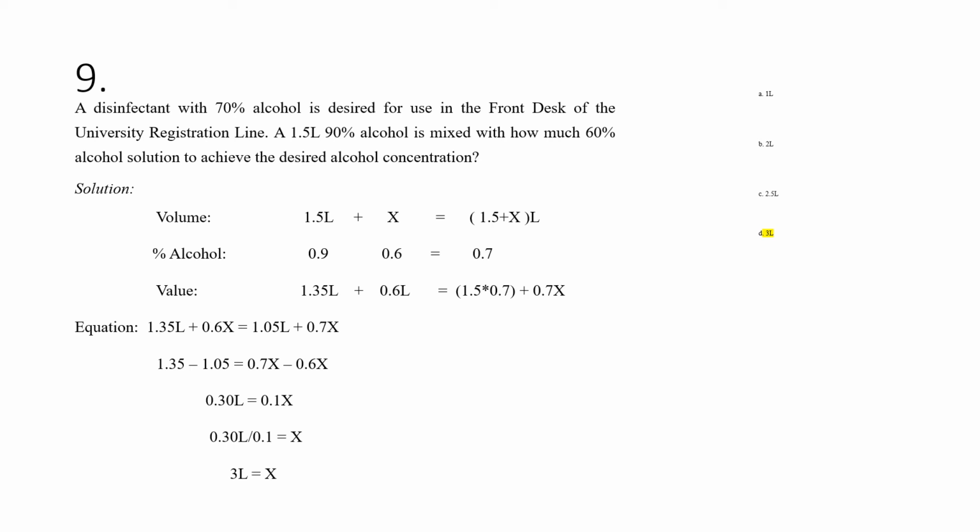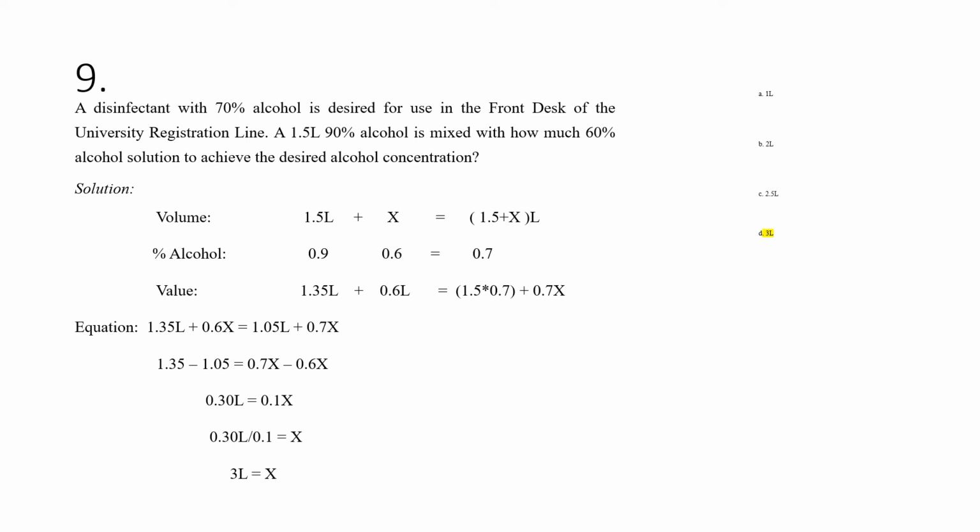So 1.5 liters at 90% alcohol will correspond to 1.35 liters, plus 0.6 times X, and that's equal to 1.5 times 0.7 liters, plus 0.7X. The equation becomes 1.35 liters plus 0.6X equals 1.05 liters plus 0.7X.